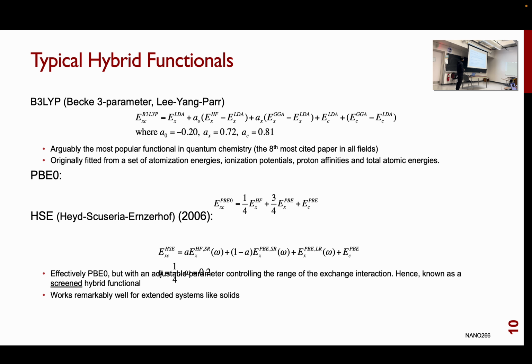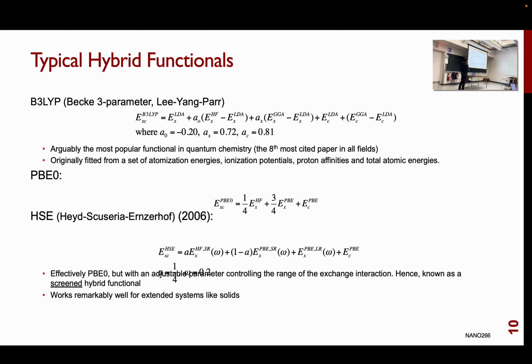There is this very popular hybrid functional called B3LYP. It stands for Becke, 3-parameter, Lee-Yang-Parr. 3-parameter simply means that I have 3 mixing parameters for my mixing of Hartree-Fock with my DFT functionals.